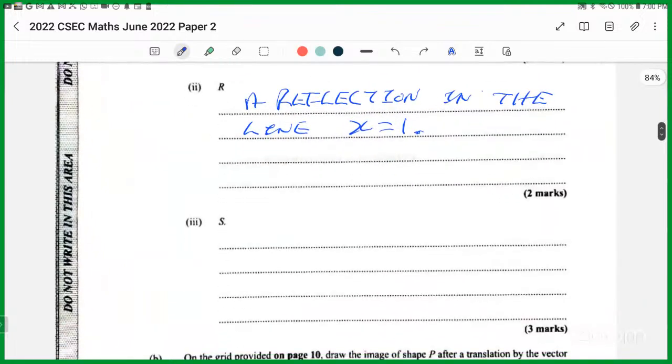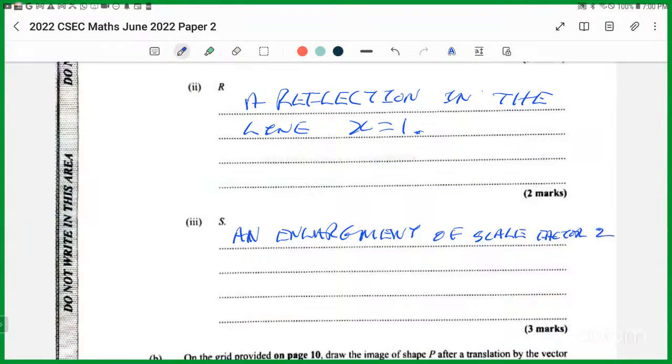So this now is an enlargement of scale factor 2 and center. You can say about the center, about the point.